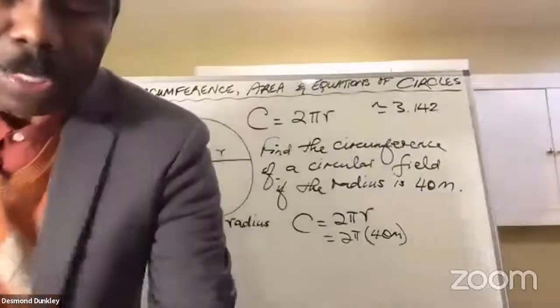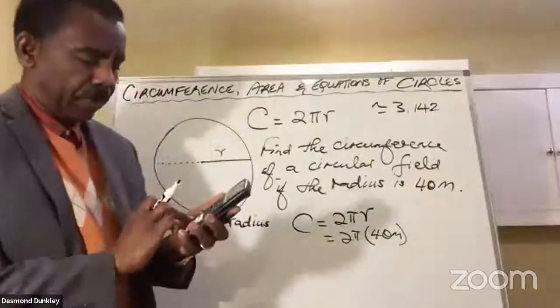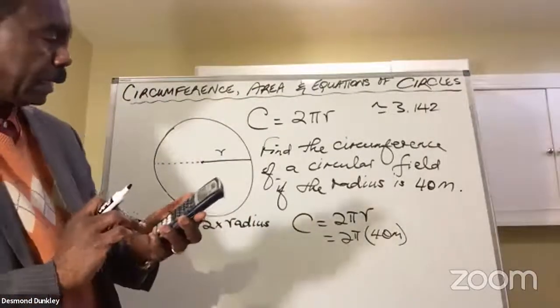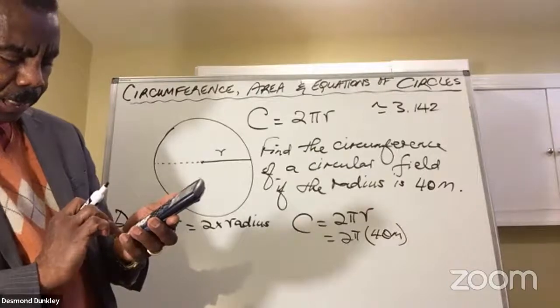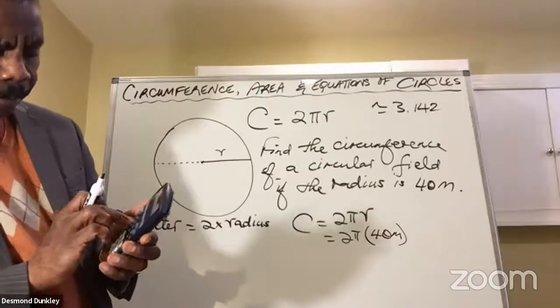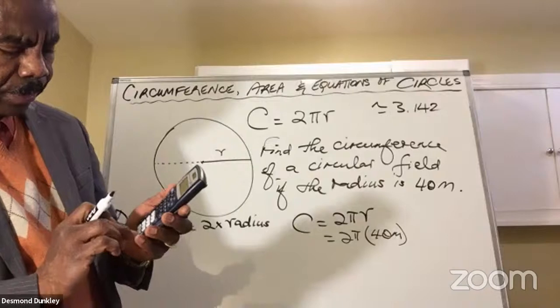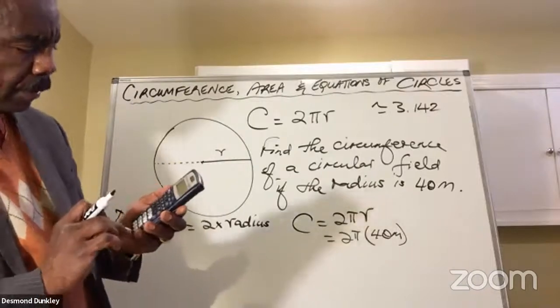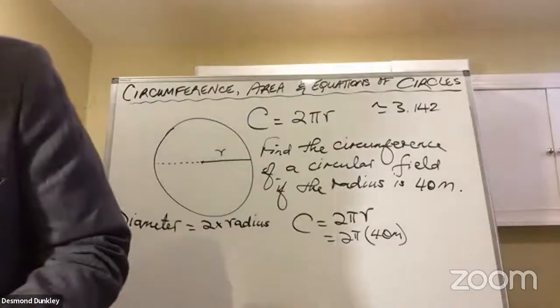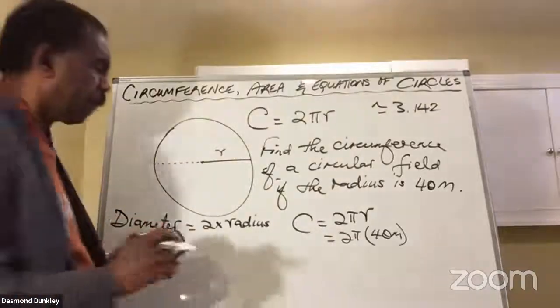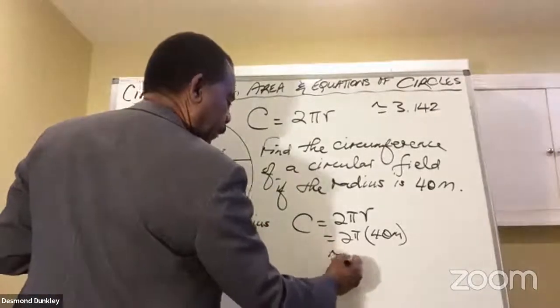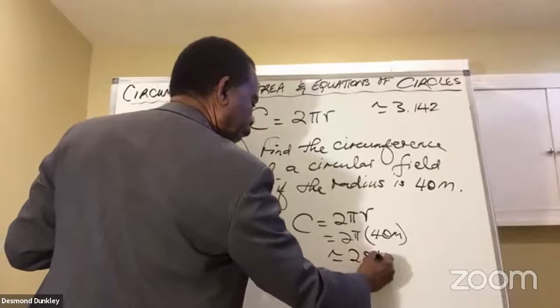You take your calculator and you go, so that's 80 times pi, and I have a pi button on my calculator, and I end up with approximately 251.3.